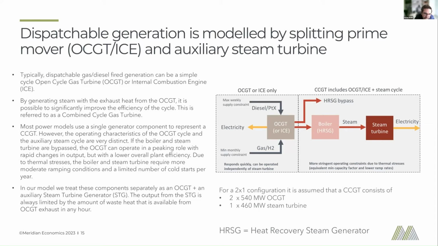But what we understand is that you can get a duct burner that sits in the flue gas duct between the OCGT and the HRSG, and you could use that duct burner to keep the boiler at temperature, but not necessarily generating a lot of steam, and then it can ramp up in the evening. And PyPSA has recently come out with a standby cost.